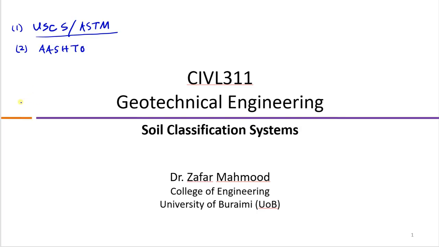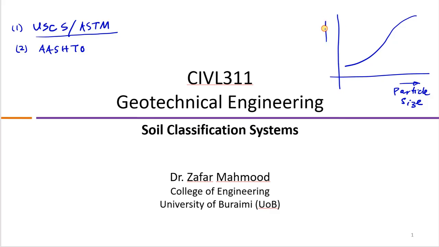So far we have studied how to calculate the percentage of gravel, sand, silt, clay. Whenever we do the sieve analysis, we get this S-shaped curve, which is called the gradation curve. On this gradation curve, the horizontal axis is the particle size or the grain size, mostly in millimeters, and the vertical axis is the percent passing from those sieves.